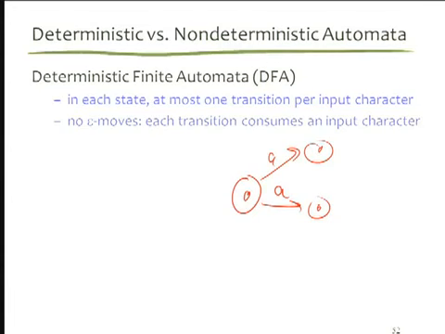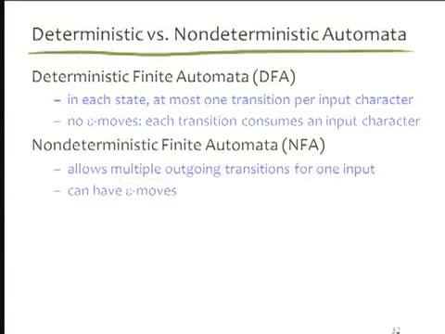And indeed, this is what non-deterministic automata do. They have the power to ask the oracle. So they are somewhat harder to implement, but they are more concise. So they do allow multiple outgoing transitions for one input, and they could have these epsilon moves.